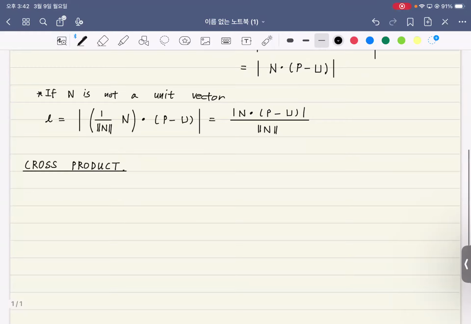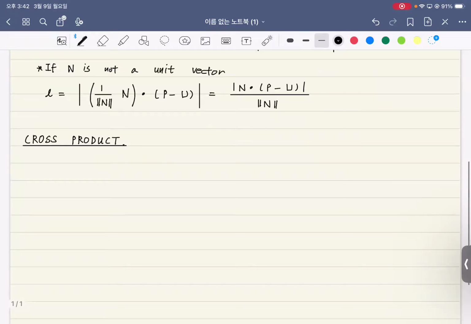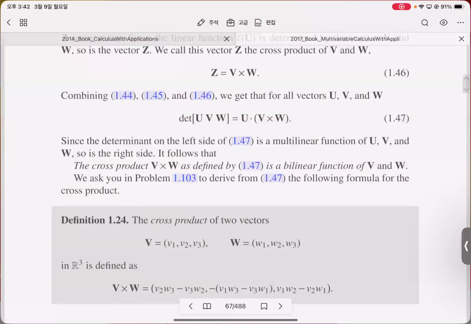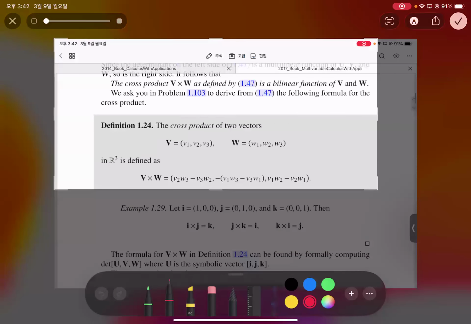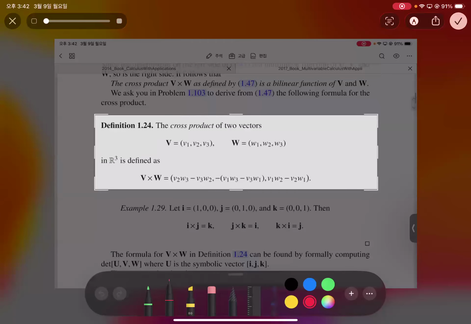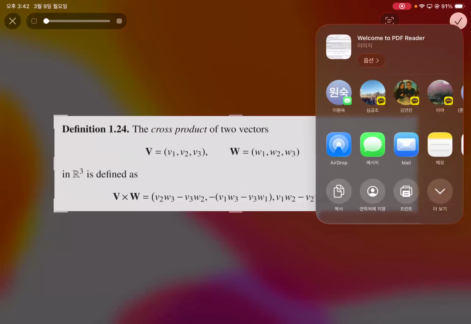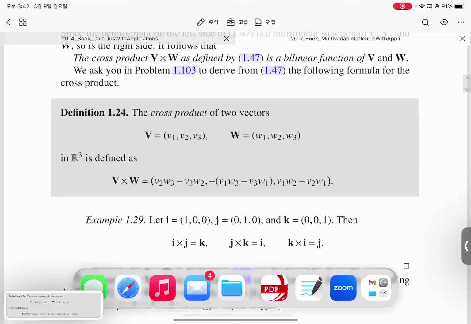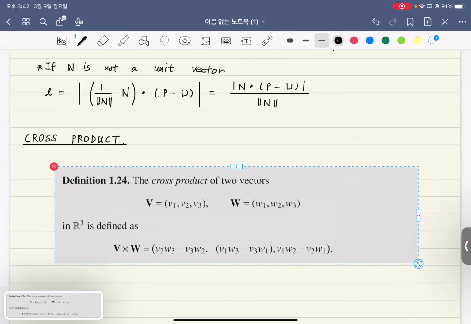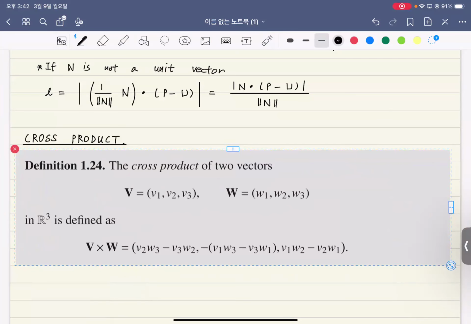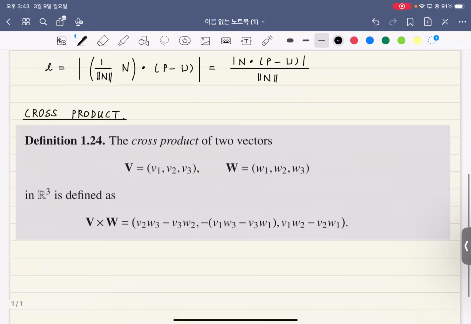Okay. What is this? I'm going to give you the definition first. We have such a weird definition.